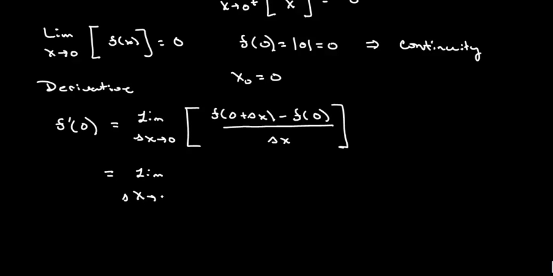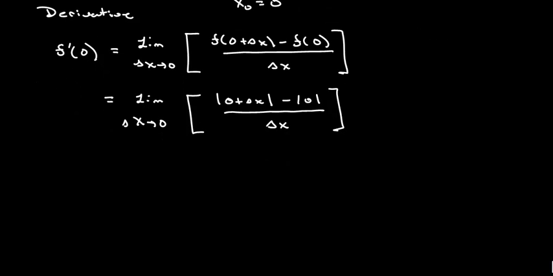This is equal to the absolute value of 0 plus delta x minus the absolute value of 0, over delta x. This is 0, this is just delta x, so it's the absolute value of delta x over delta x.